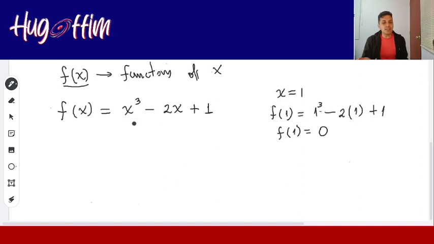Now, how do you get the domain of a polynomial function? Just try to identify the possible values of x that you cannot use to get a real answer in f(x). In this case, as you can see, you have all possible values of x, because I can use any value of x here and it's going to lead me to a real answer. So this is why I'm going to say that the domain is all real numbers.